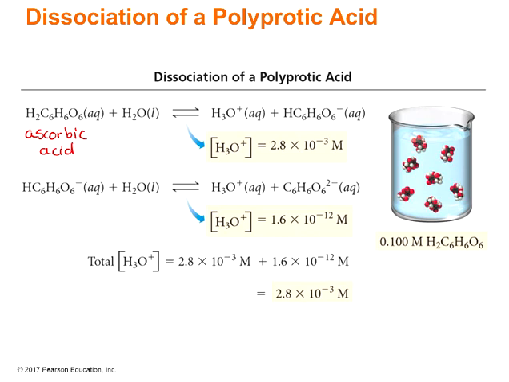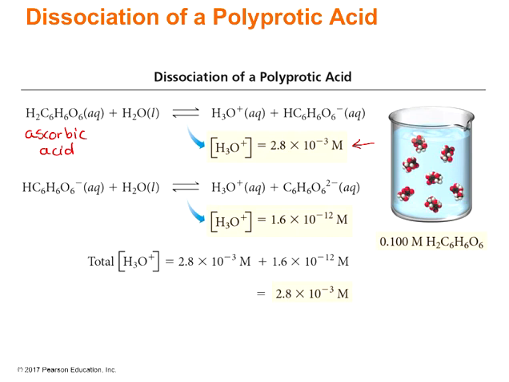And your textbook does walk through an example for how to calculate these concentrations of hydronium ions. Again, it just involves the use of an ice table, and it's very similar to how we've solved the concentrations for other weak acids.